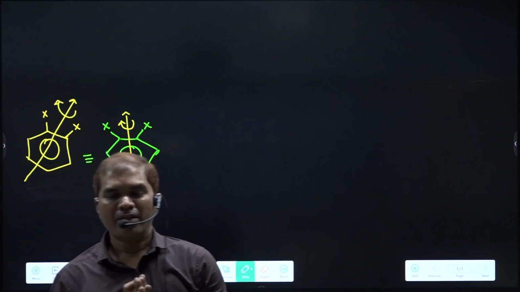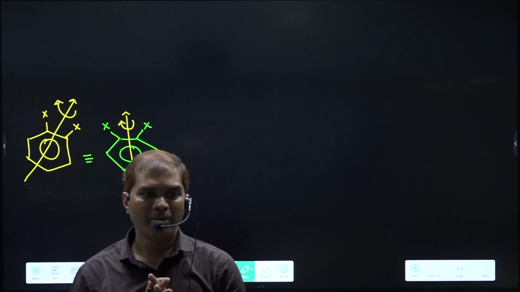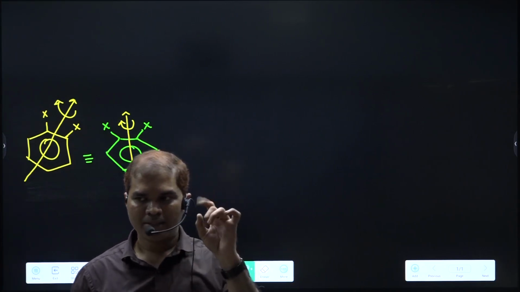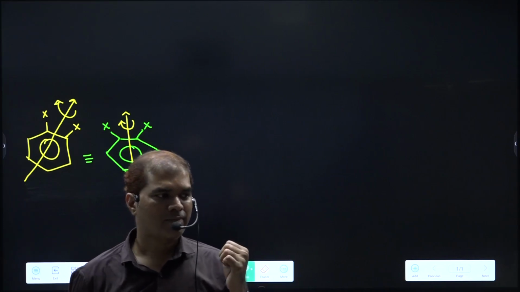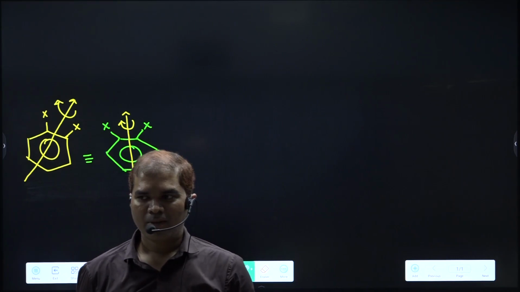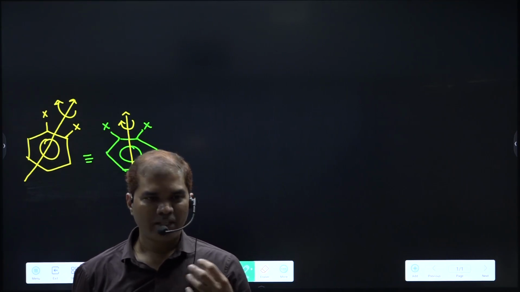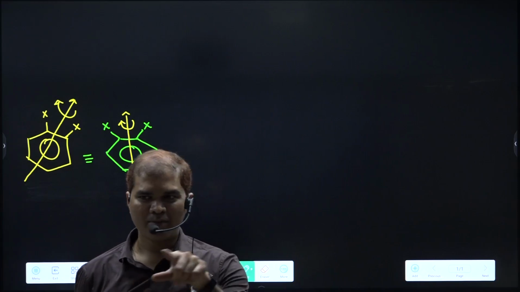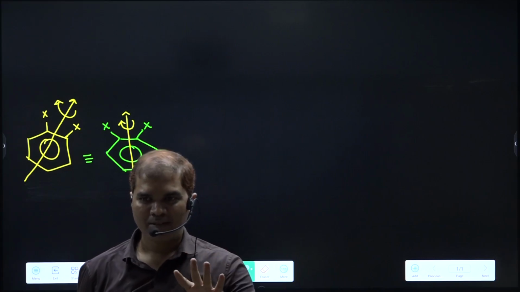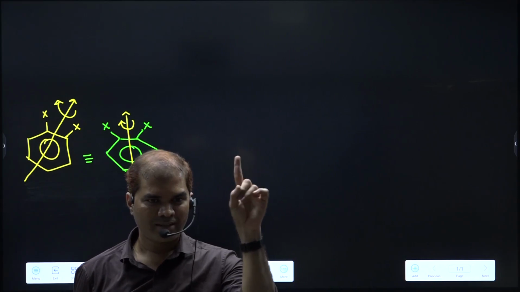And finally, how many of you have seen these symmetry elements called as axis, plane and a point? How many of you have seen means? Are you seeing me? Am I present here? Am I able to see every one of you? You are present here. Have you seen a rotational axis?